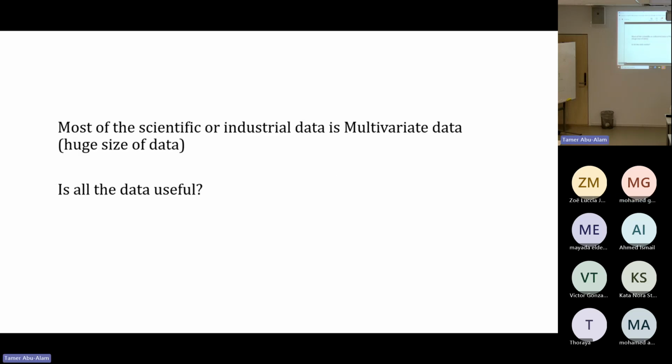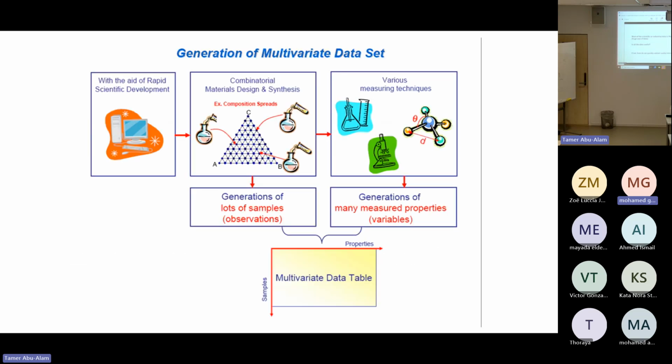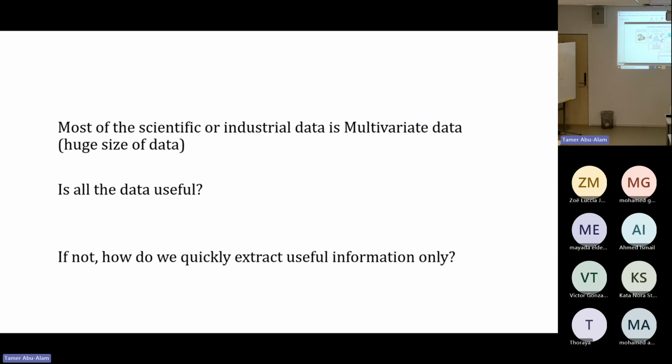This is just some theoretical background on why we need this multi-variable analysis. Our data is normally huge, especially when you work with big data, not only 3 variables as you did, but 100, 200, or 1,000.